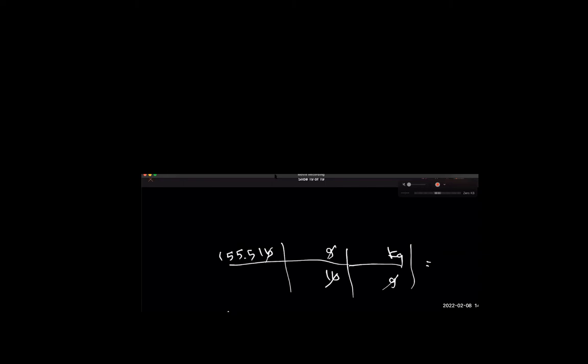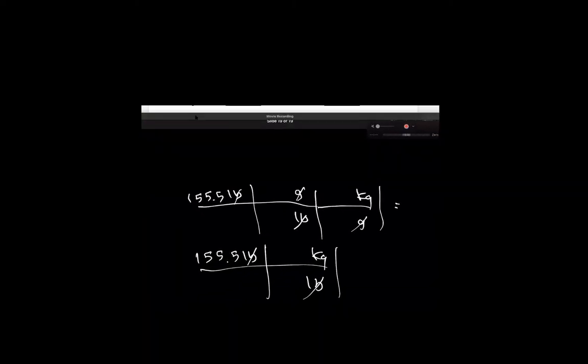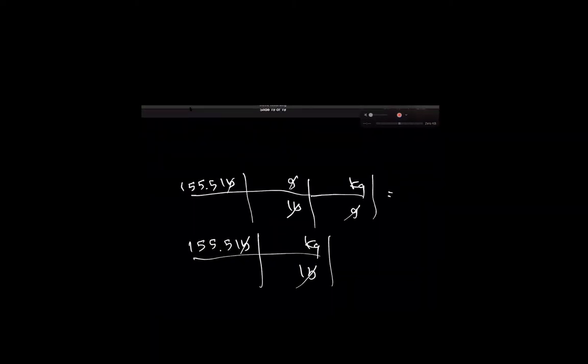Or you can do 155.5 pounds to kilograms if you have that conversion factor directly. So it's just a one-step calculation. But your answer should contain 4 sig figs. Why? Because your data has 4 sig figs, always based on the data that you're given.